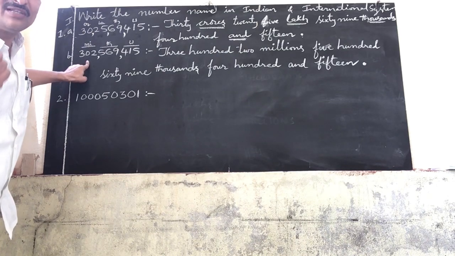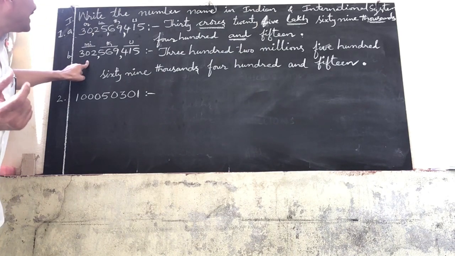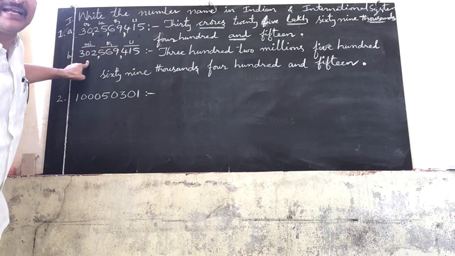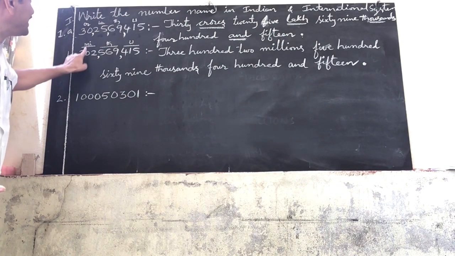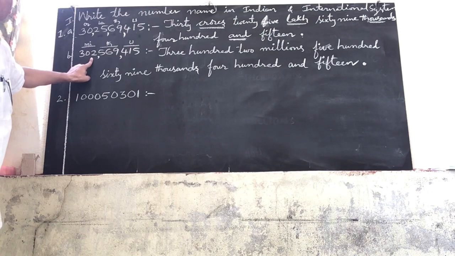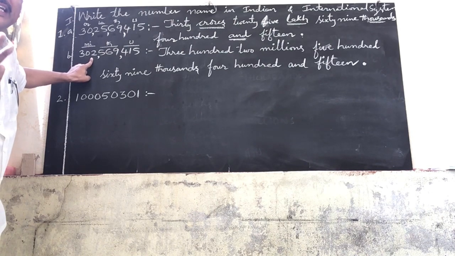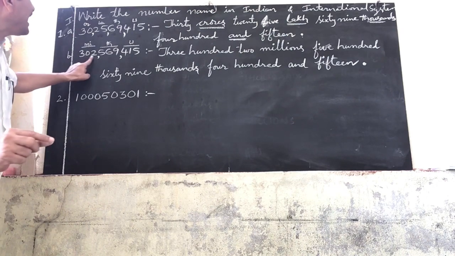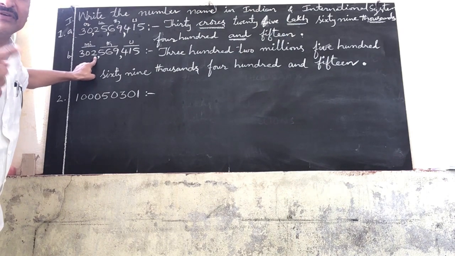Now to write down the number name, read the number under the period and add the name of the period. Under the millions period, what do we have? 302. How can you read this? Just 302, which is enough. Add the name of the period.